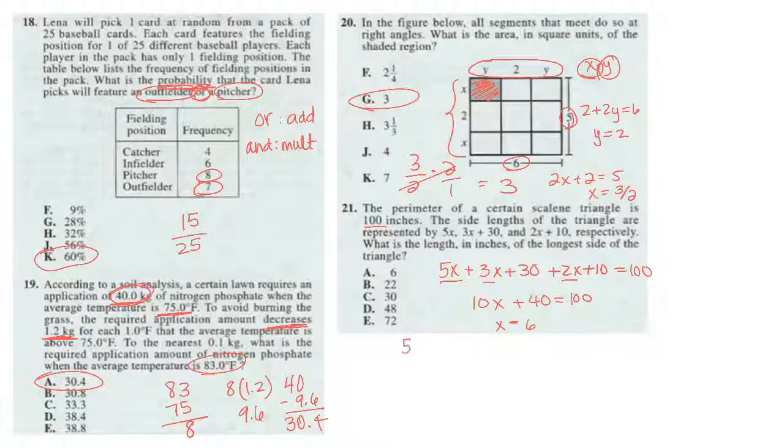So the side that was 5x, we see that that is 30. And then 3x plus 30. So that's going to be 18 plus 30, so that side's going to be 48. So we already know that's gone, and we know that's gone. Well, if we're at 48, it can't be that. So let's look at 2x plus 10. So 2x, that's going to be 12 plus 10, that's going to be 22. And I don't think that's going to be correct. So the right answer is D.